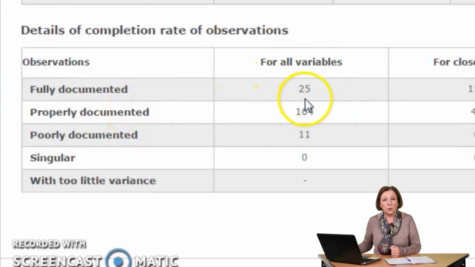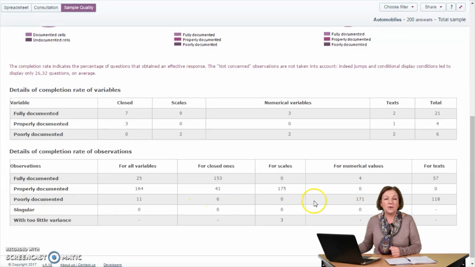Here we have 25 observations where people have documented all the variables. We have 164 records or responses that are properly documented, and only 11 that are poorly documented, meaning people have a lot of non-responses to some of these questions.